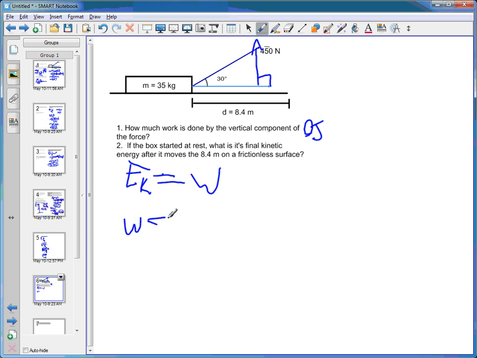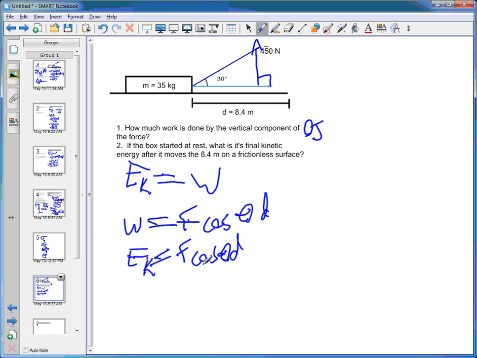So EK is equal to F cos theta d, which is equal to 450 newtons, rounded to the nearest 10, times cos 30 degrees times 8.4 meters.